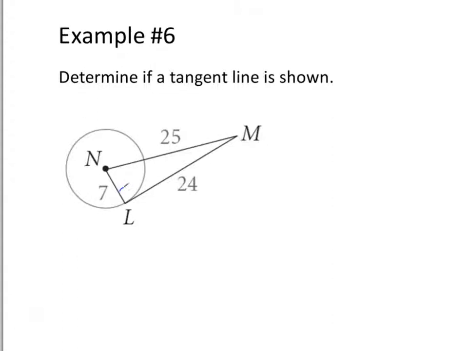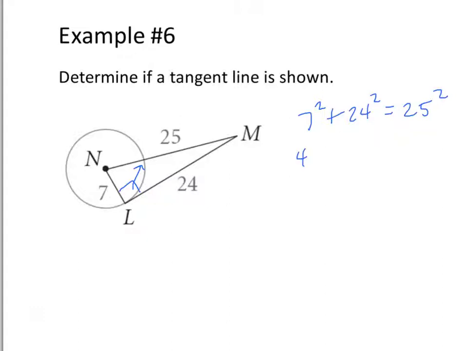How you prove that's tangent is you prove that's a right triangle. Well, the right triangle is Pythagorean theorem. So I'm going to show that 7 squared plus 24 squared equals 25 squared, because 25 is a hypotenuse.